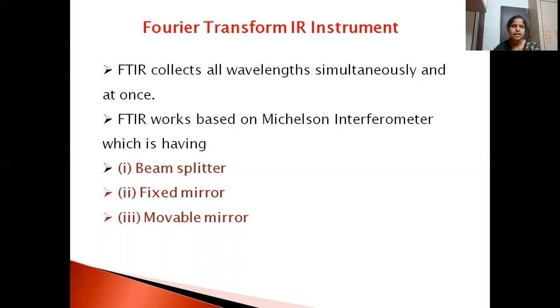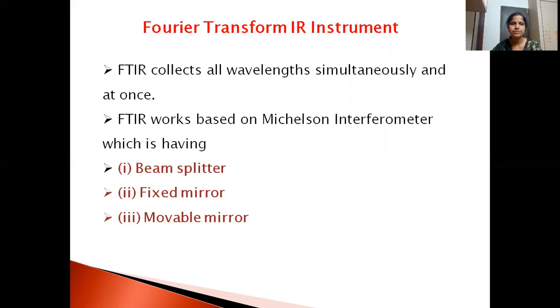So the highly evolved spectrometer is the Fourier transform IR instrument, that is FTIR. Why this is very important is that with FTIR we can get highly resolved IR spectra.